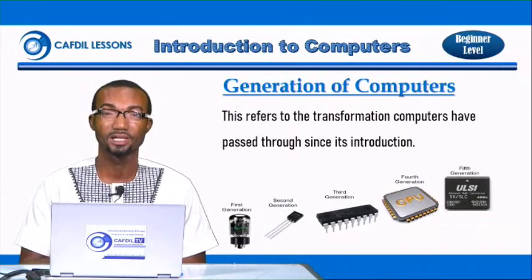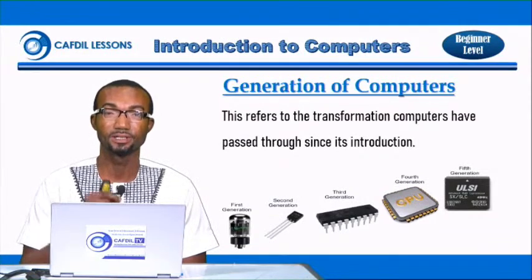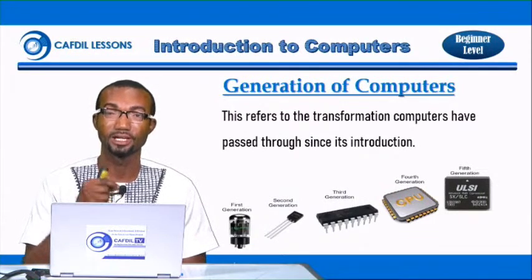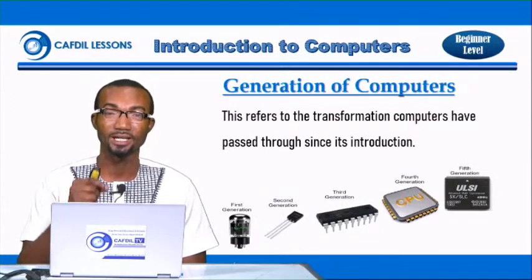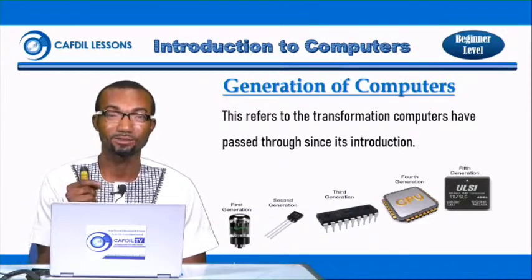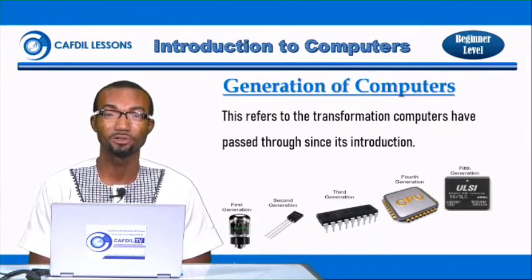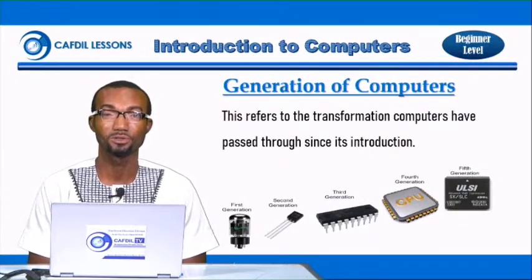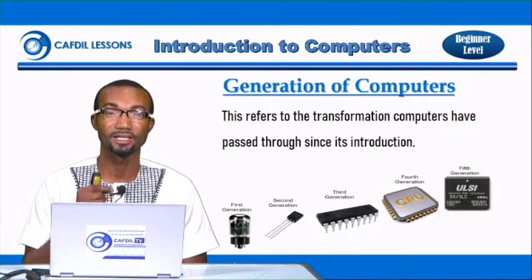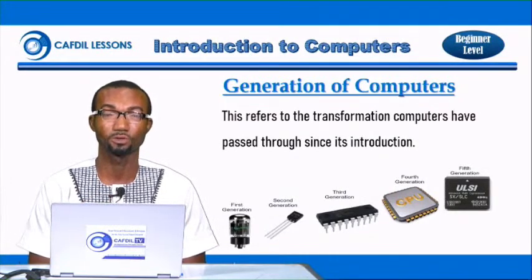On your screen, what you see under the first, second, third, fourth, and fifth are the technology used by those computers. In this lesson, we are going to look at first and second generation of computers.